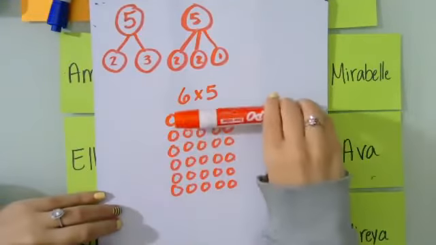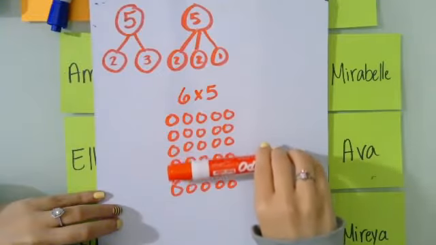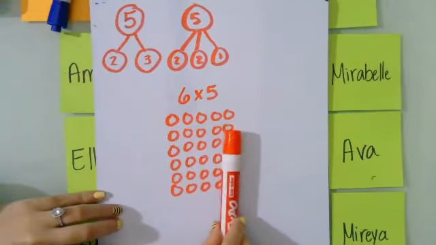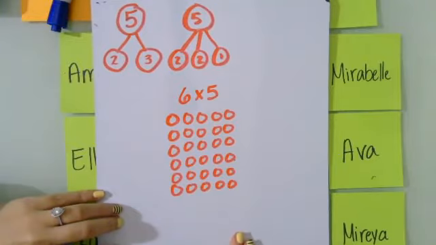So I have 6 rows and I have 5 columns, 1, 2, 3, 4, 5. Now, just like a number bond, I can break this into little pieces.